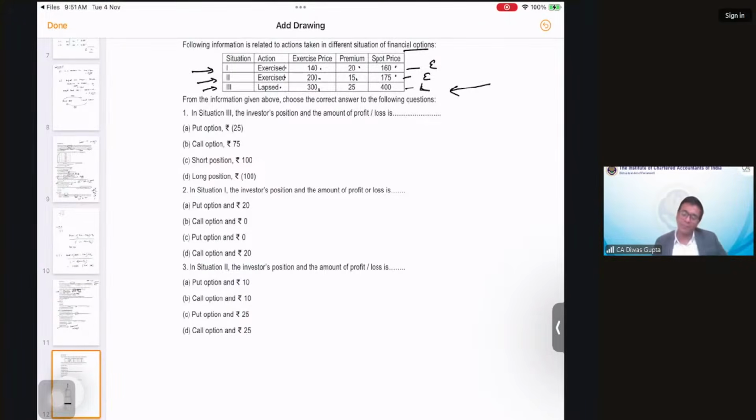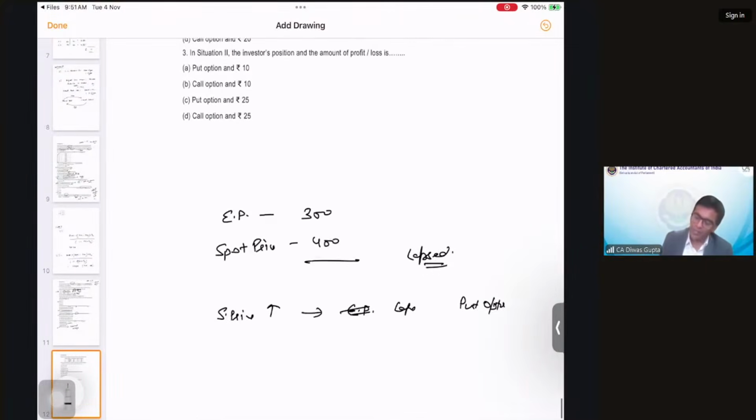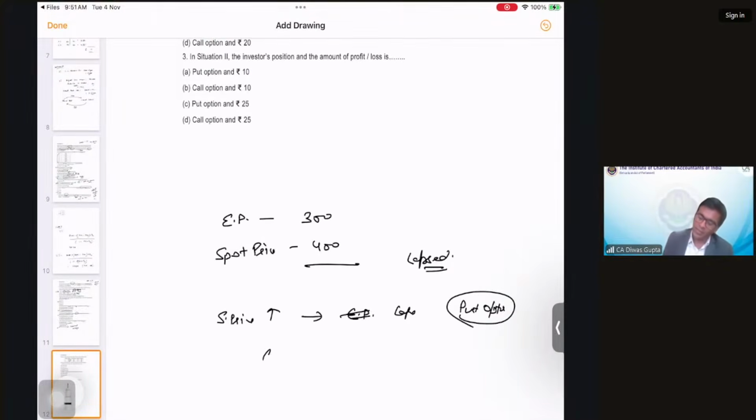Now, please do see the options that have been given to us, students. One, put option minus 25, there is a loss. Second, call option positive 75, there is a gain. Short position of 100 gain, long position of 100 loss. Now, one thing is clear, this is a put option. Now, is there a gain or a loss?